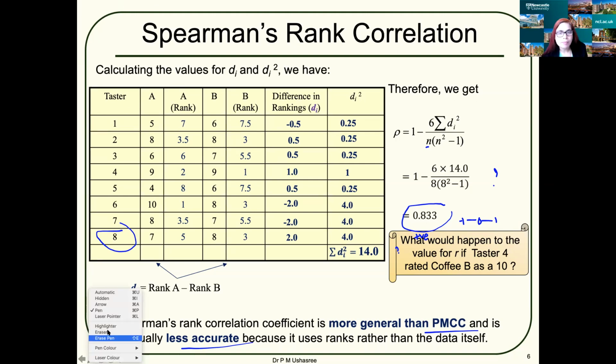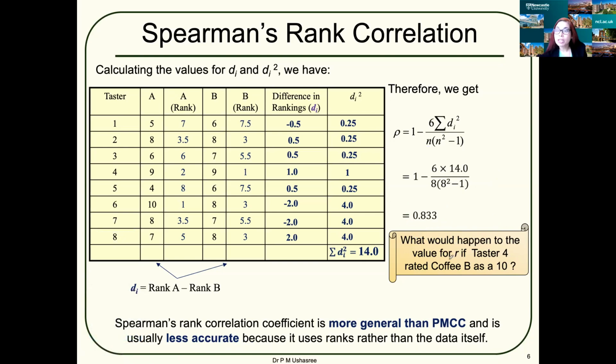What would happen to the value of R if taster 4 rated coffee B as 10 instead of 9? What would happen to the value of R?